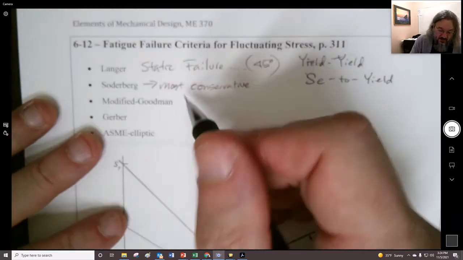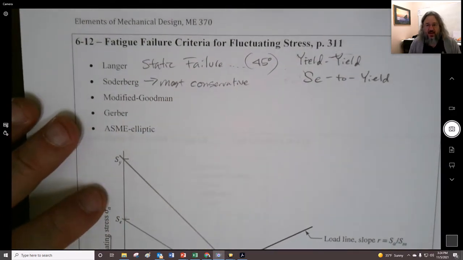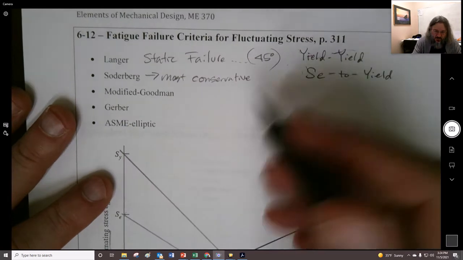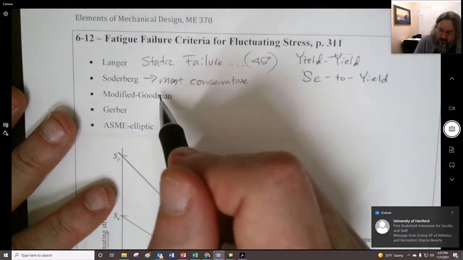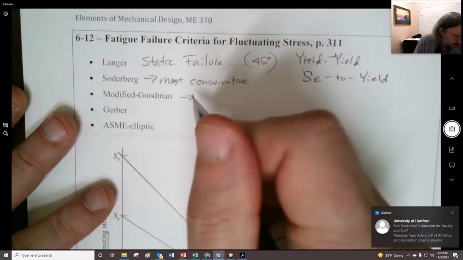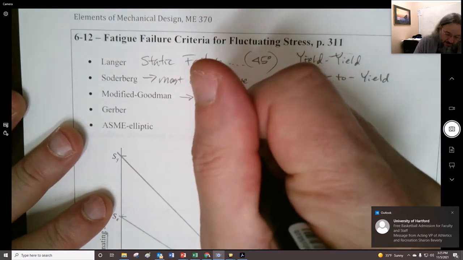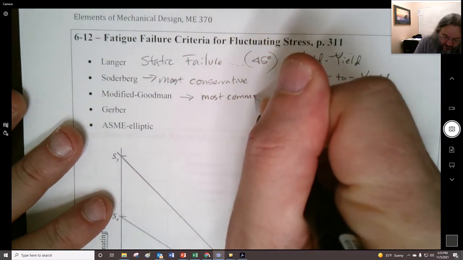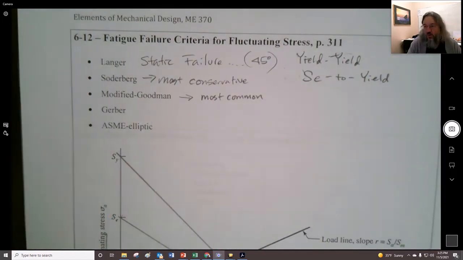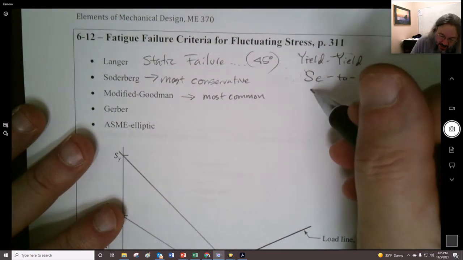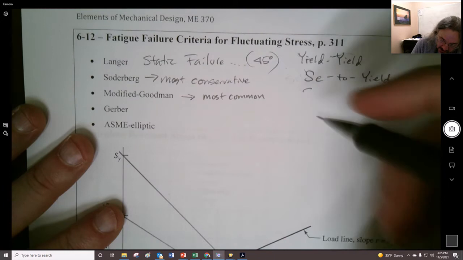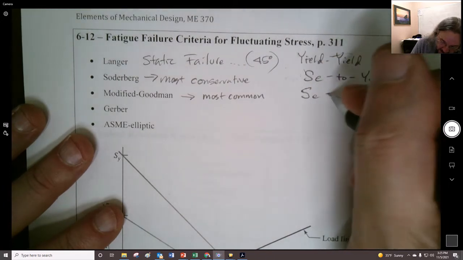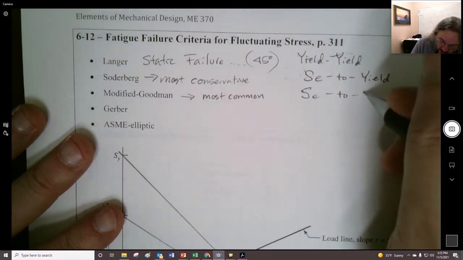The next one to do is called modified Goodman. I'll explain what the modified means, but we usually just call it Goodman. And this is the most common, and the one that I will basically use almost exclusively, right? And this is now, you can think of this as being an SE to ultimate.